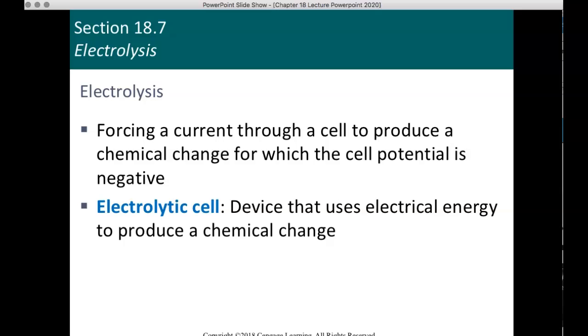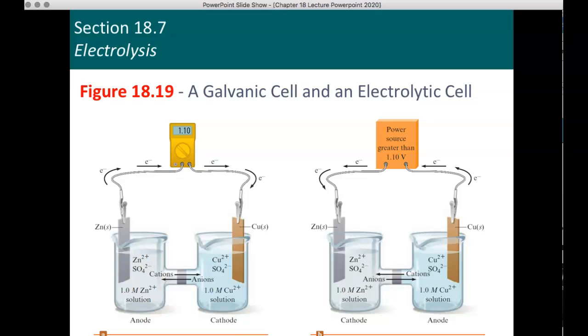We're going to put a current through a cell and make the reaction take place even if the cell potential is negative. And this type of cell is called an electrolytic cell because it uses energy to produce a chemical change. And actually, this also has a lot of important applications.